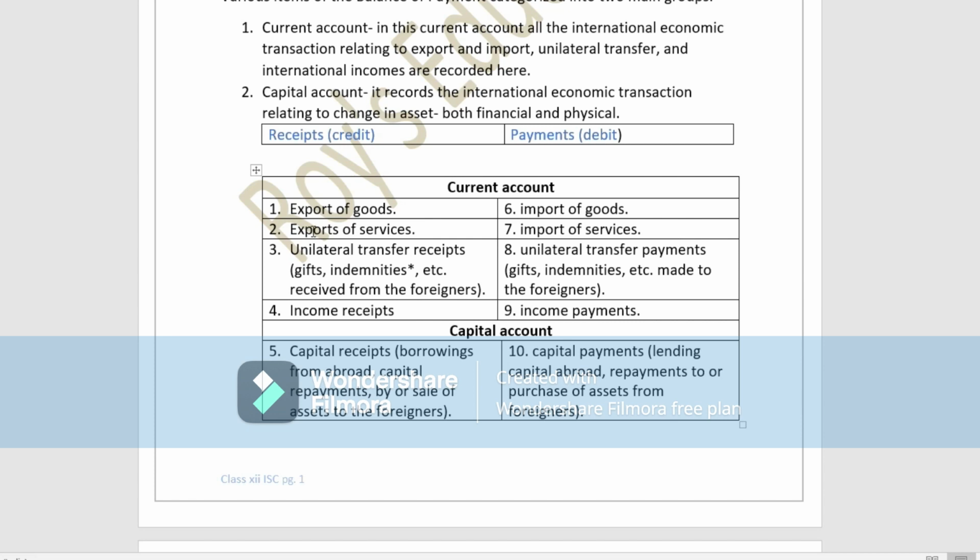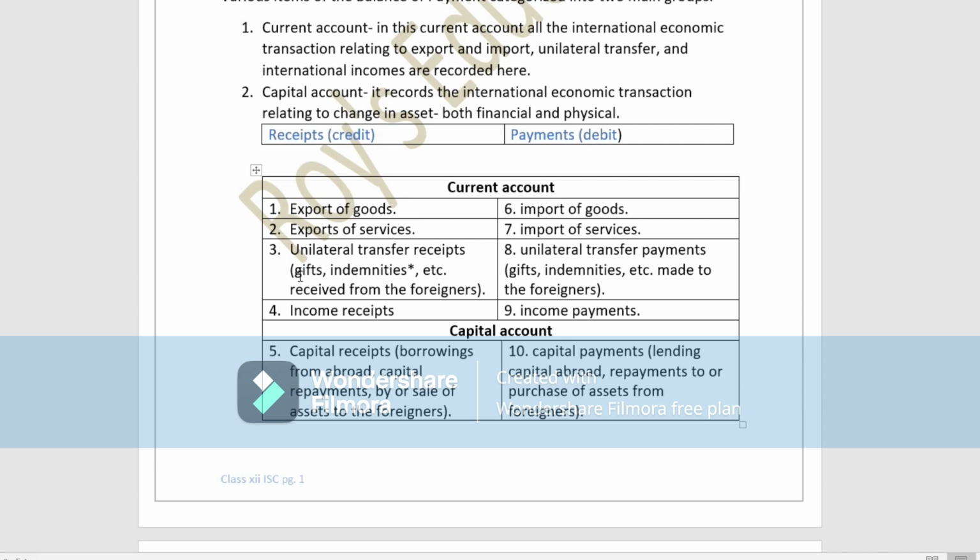Next, export of services, same thing. When we are selling our services, we are receiving payment, and when we are hiring some services, that is the import of services, and we have to make payment for it.